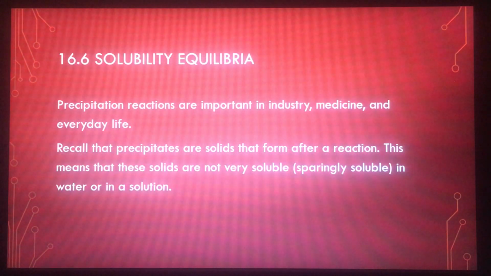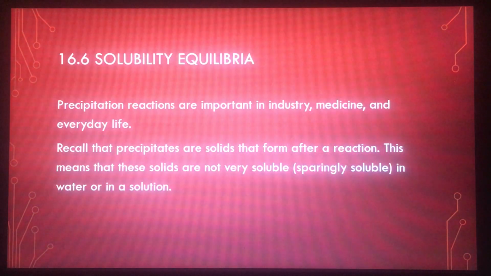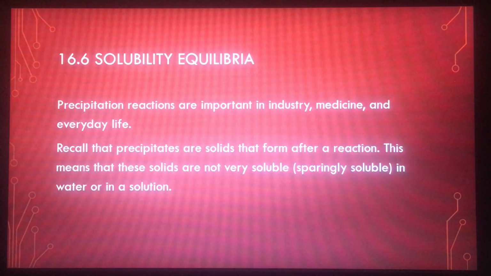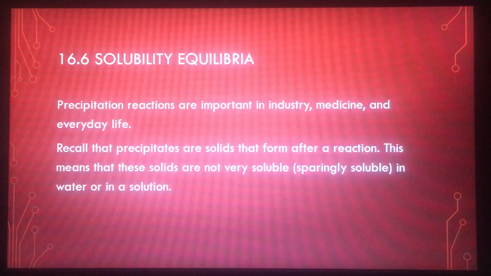Note that the solids that form after the reaction, we call precipitates, and since they are solids, these are not very soluble in water or in the solution wherein we have the reaction. So we call these also sparingly soluble salts, or not very soluble salts.